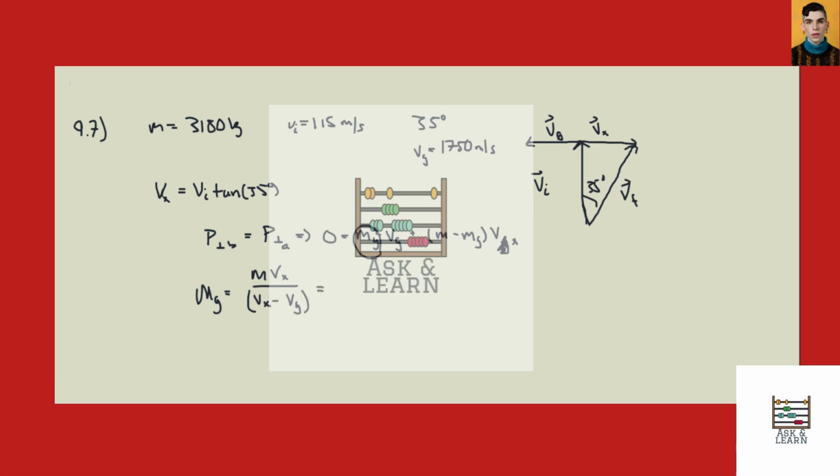So now we can plug stuff in. We have the mass of the rocket is 3180 kilograms. And now we have Vx. Well, we can replace what Vx is by this, because we know that relation. So that's 115 meters per second times the tangent of 35 degrees. That's our top here. And we can do the same thing down here. We have 115 meters per second times tangent 35 degrees.